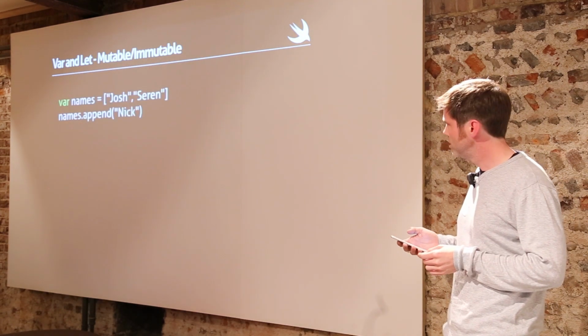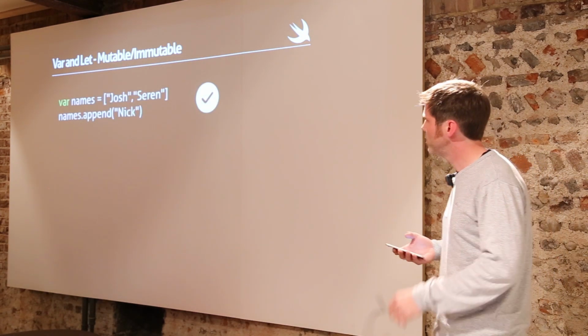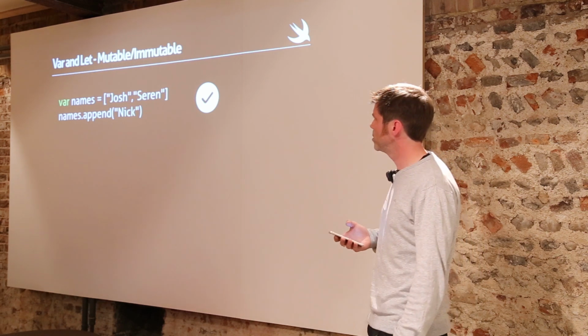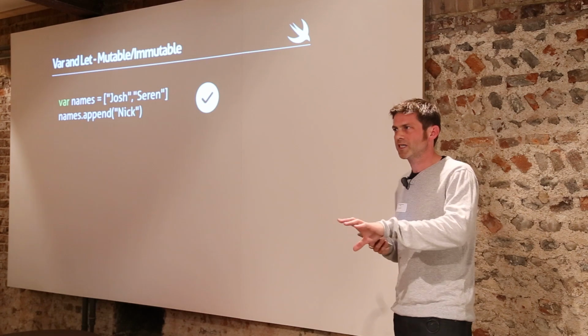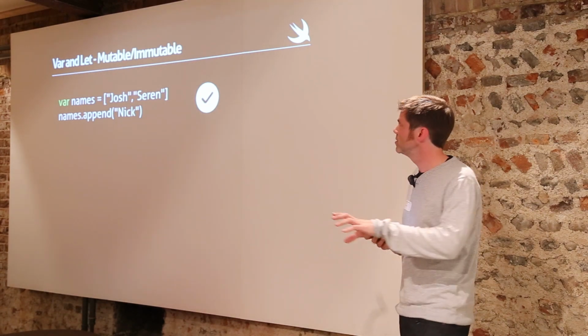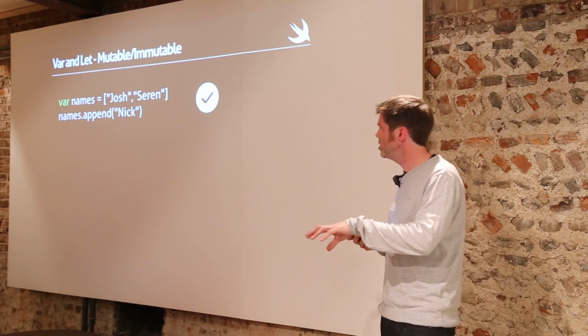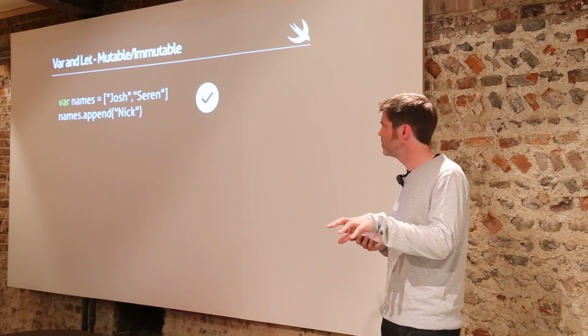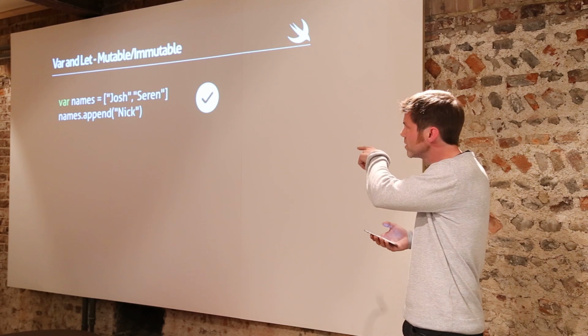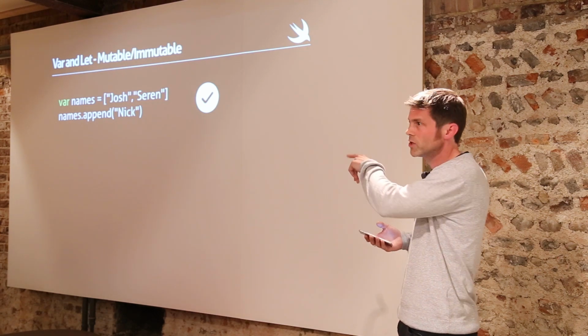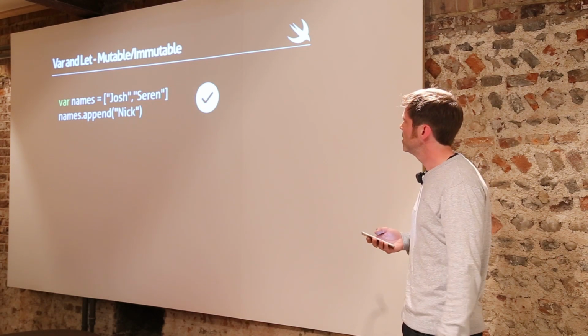All right. So back to the lack of verbosity. In Objective-C, we've got mutable and immutable arrays. This is how we create a mutable array by using the var keyword.